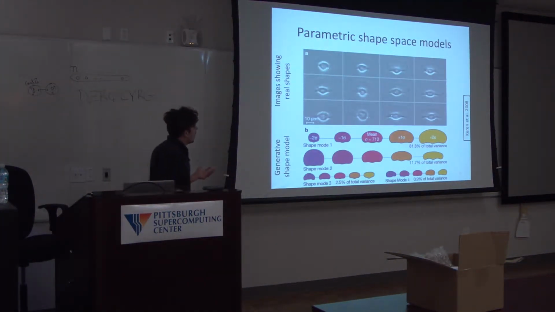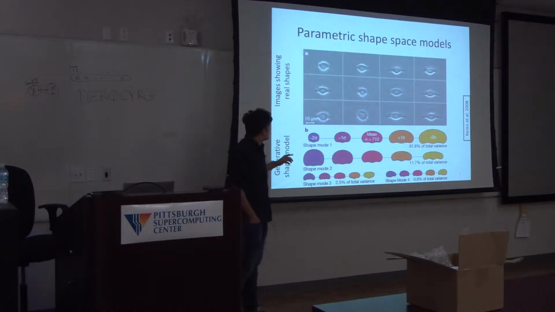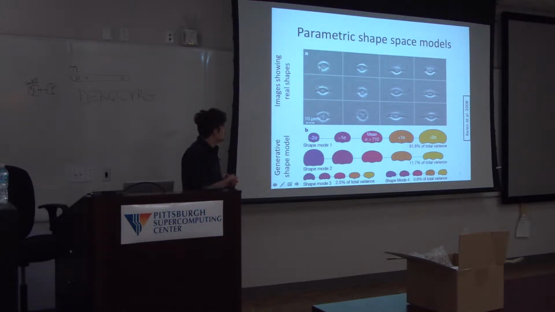There's also a bunch of other parametric or semi-parametric shape space models, such as the one by Pincus and Thoreau, where they take cell shapes such as these and sample around them in a polygon shape. So each cell is parameterized by a set of coordinates that describe positions of points on a polygon.